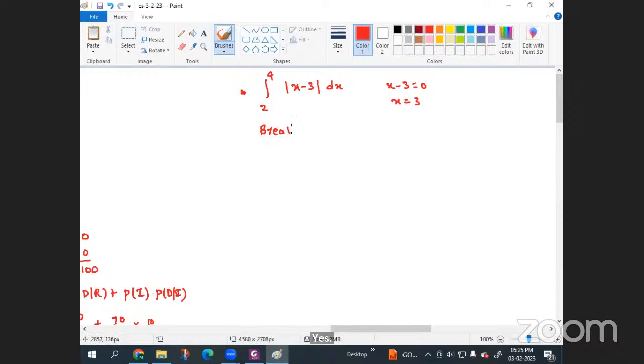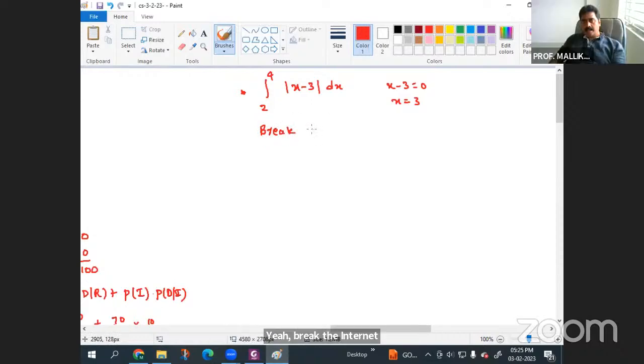Break the interval at 3. Therefore, I equals integral 2 to 3 of mod of x minus 3 dx plus integral 3 to 4 of mod of x minus 3 dx.